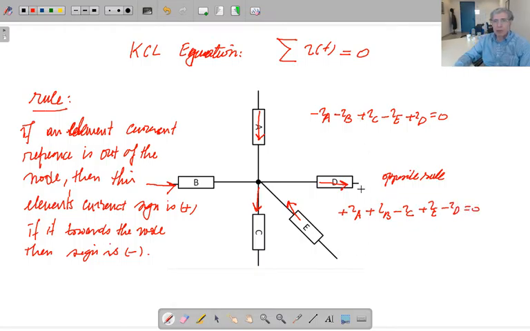So the difference between these two equations is just the sign, isn't it? If you multiply this equation by minus 1 on both sides, you get this equation. So mathematically, these two equations, this one and this one, are the same equation.